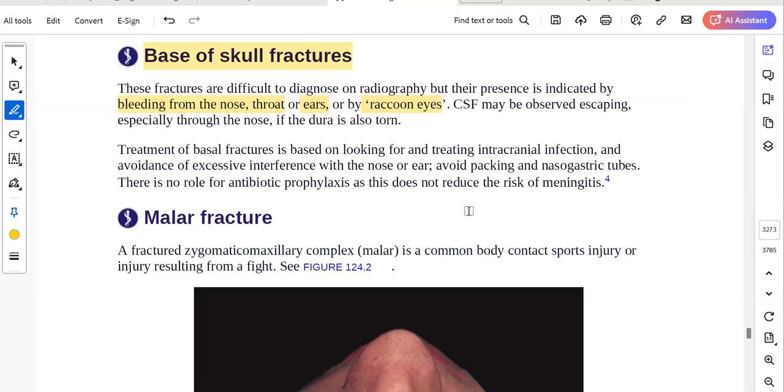So if a patient with a head injury has those signs, raccoon eyes, Battle sign, CSF rhinorrhea or otorrhea, then you would think that this might be a case of base of the skull fracture.